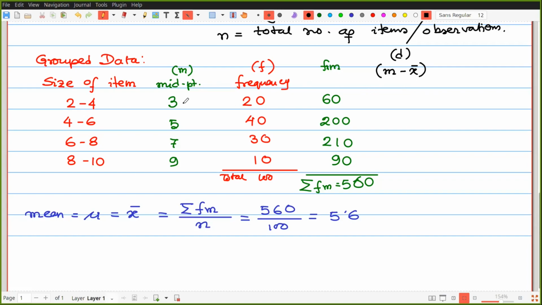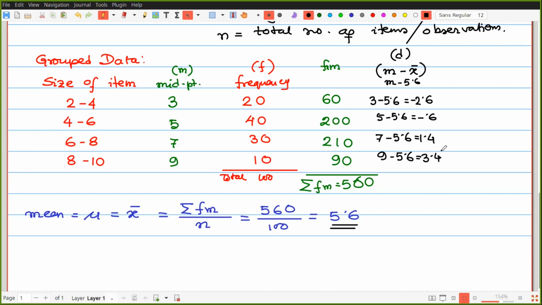So the mean is 5.6, so here that one should be m minus 5.6. 3 minus 5.6, so that is minus 2.6. 5 minus 5.6, so that should be minus 0.6. 7 minus 5.6, that is 1.4. Then 9 minus 5.6, so that is 3.4.